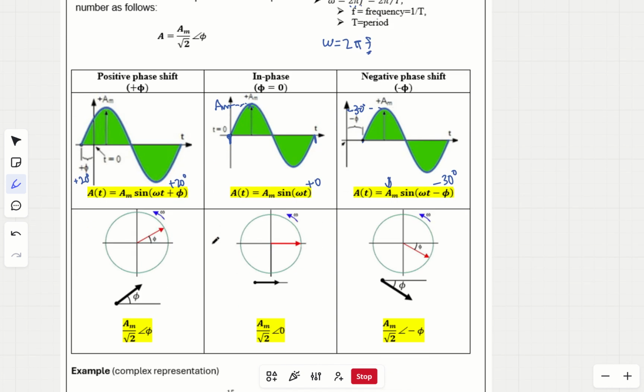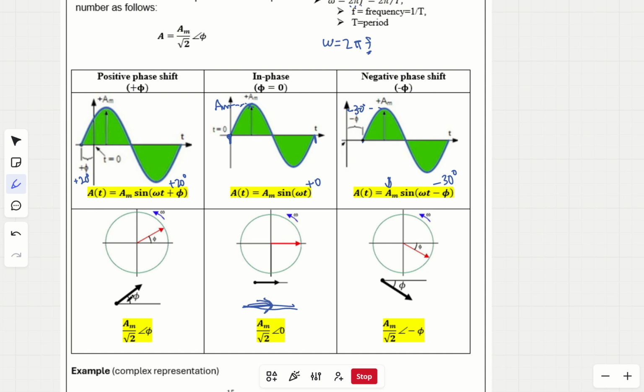We can also represent this waveform in a simplified form. This is called a phasor diagram. How to draw a phasor diagram? It's very simple. You just look at the angle. If the angle is 0, then you draw the arrow at the 0 angle like this.